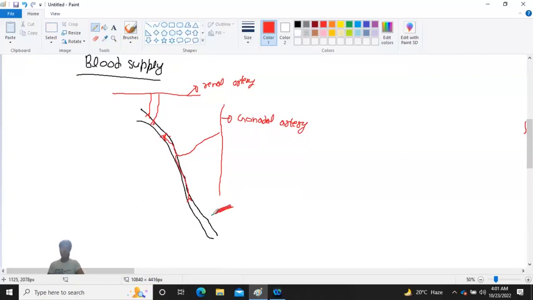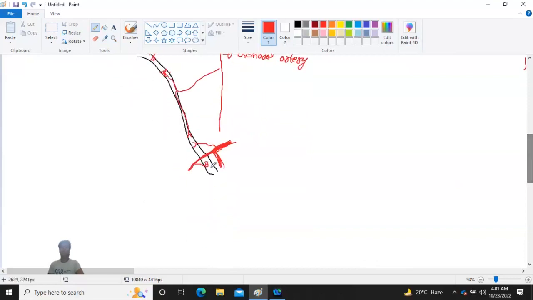Common iliac artery also has direct branches. Then external iliac and internal iliac also give branches. Many arteries give branches.